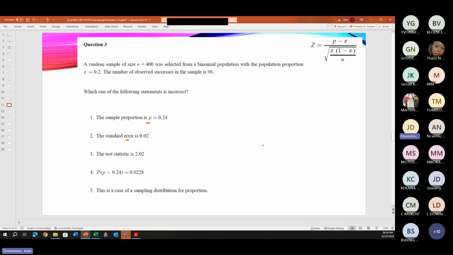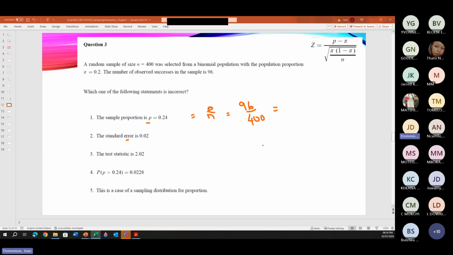How we normally work it out is by taking your observed values divided by the total sample. Here they tell us the number of observed successes is 96. So 96 divided by 400 will give us that p-value.